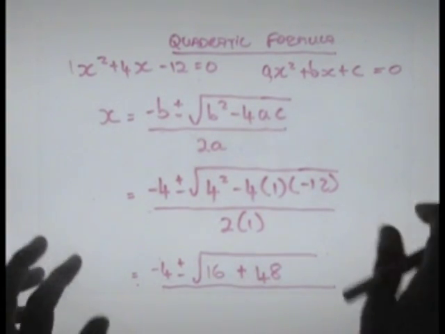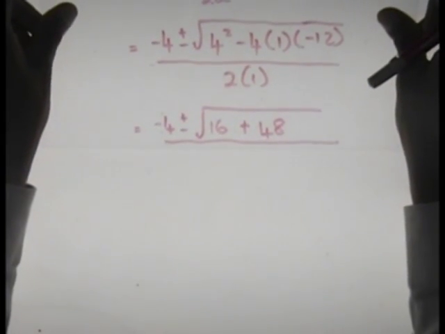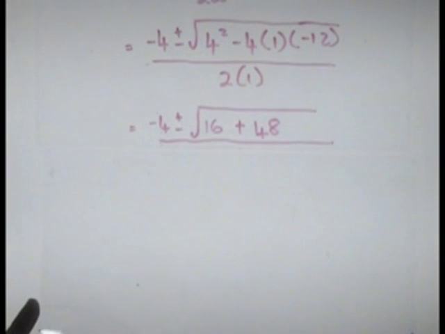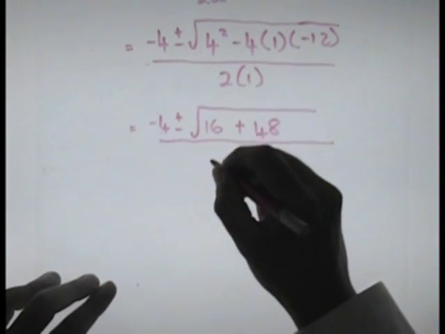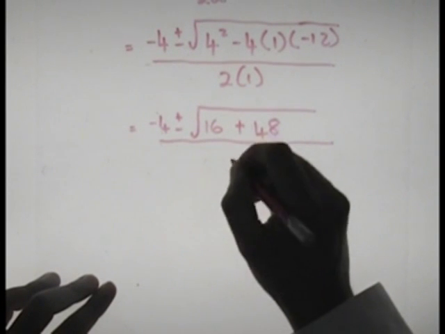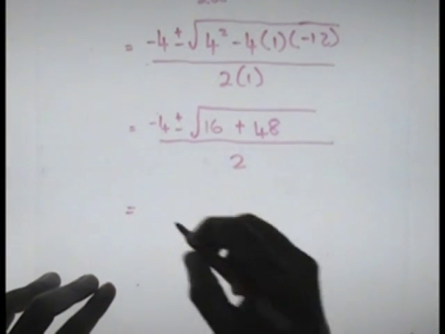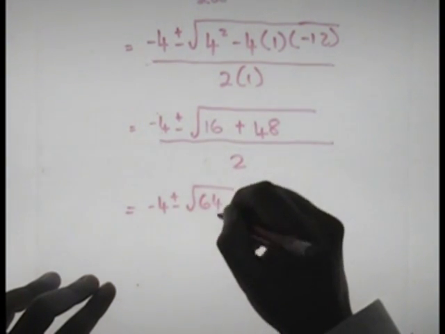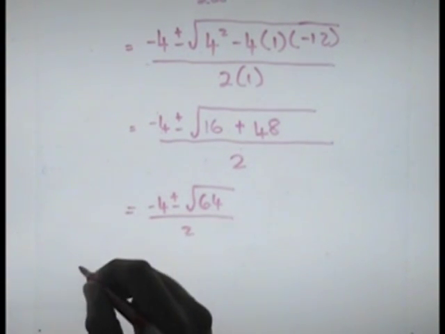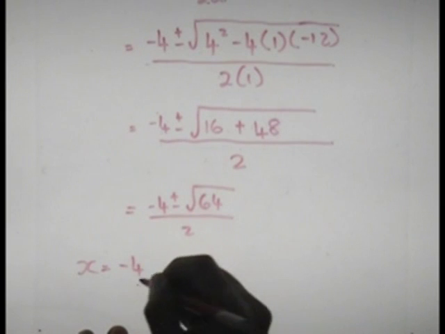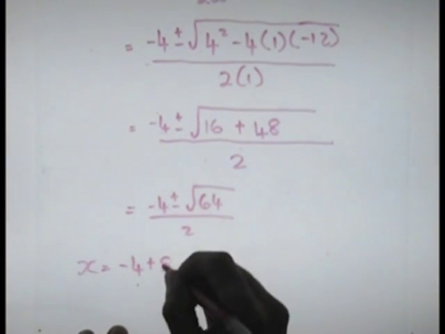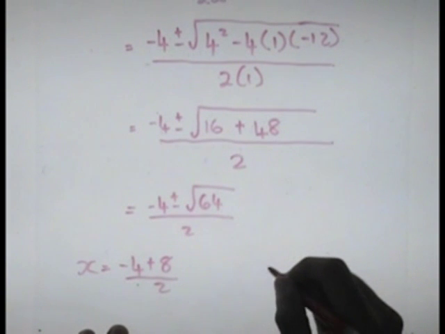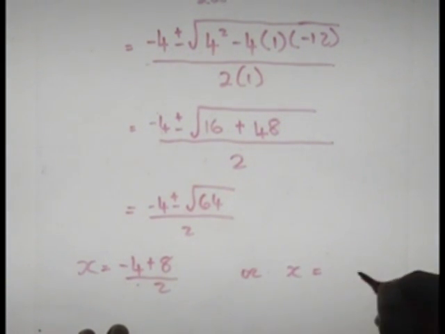And that's divided by 2a, which is very simply 2 times 1. 2 times 1 is 2. That's going to equal minus 4 plus or minus the square root of 16 plus 48, which is 64, over 2, which means that our one x value is equal to minus 4 plus root 64, which is 8, over 2, and our other value is x equal to minus 4 minus root 64, which is 8, over 2.